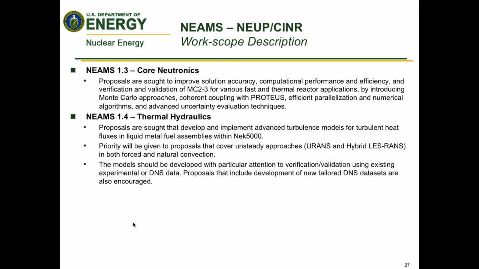And with this number of scopes, we would hope to have a representation from each subscope. So we might be down to just one award per subscope, but there's also the possibility that two project proposals in one subscope area are so good and so needed that we might do that.